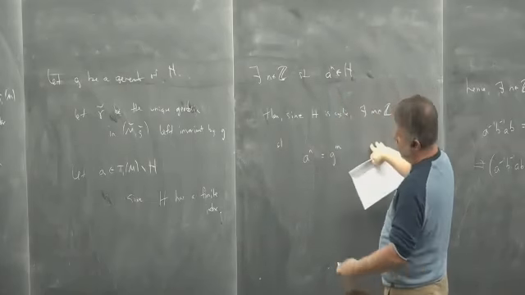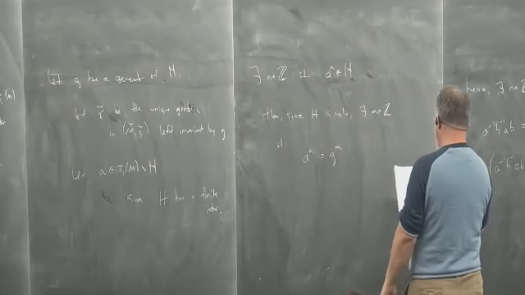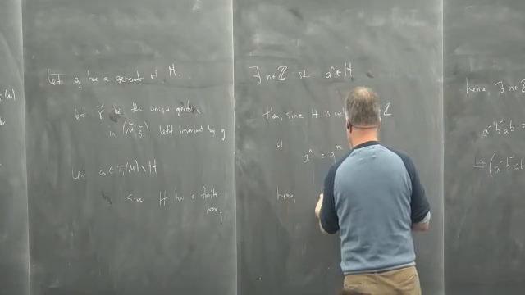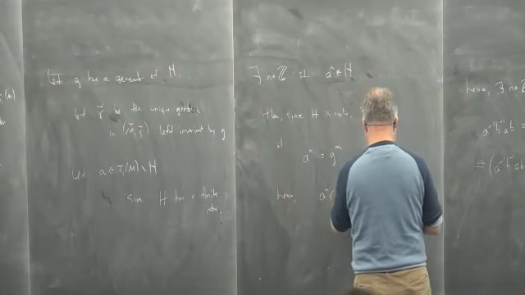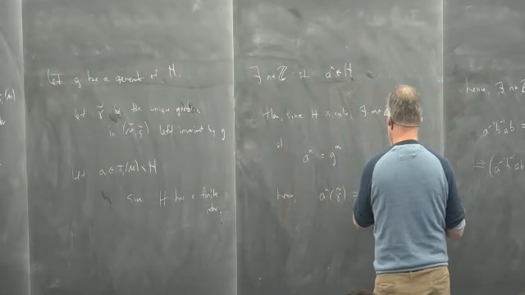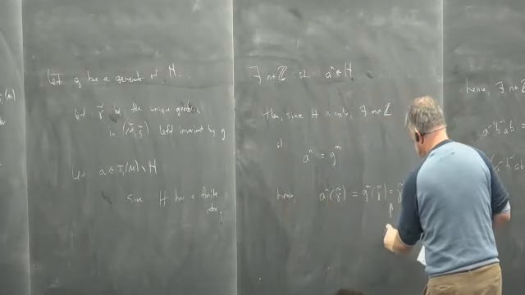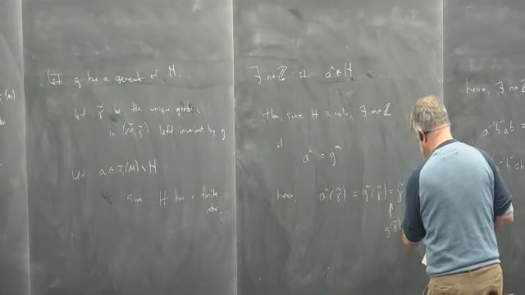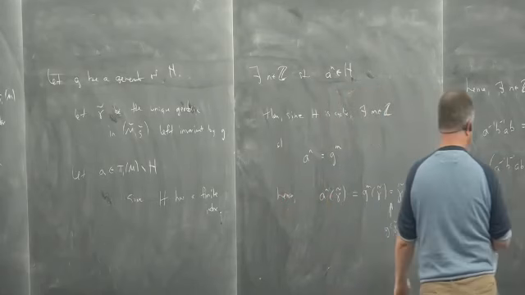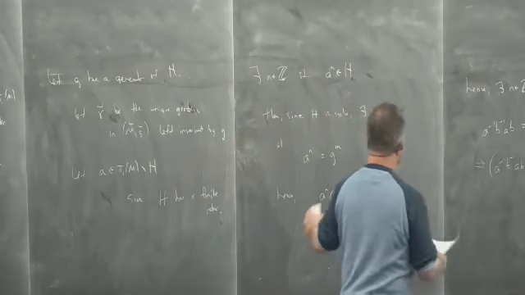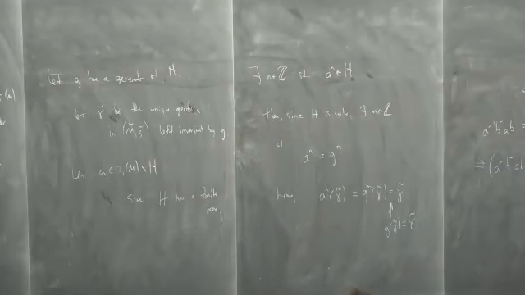Because everything in H is G to some power. So hence, A to the n applied to gamma tilde is the same as G to the m applied to gamma tilde, and that's equal to gamma tilde, since G of gamma tilde is gamma tilde. So A to the n preserves gamma tilde. I claim that means that A preserves gamma tilde.